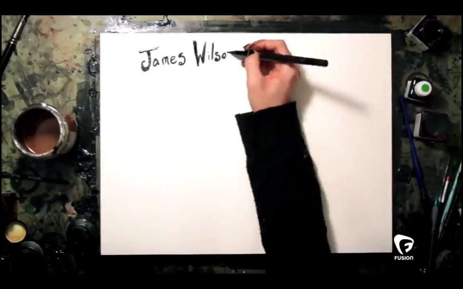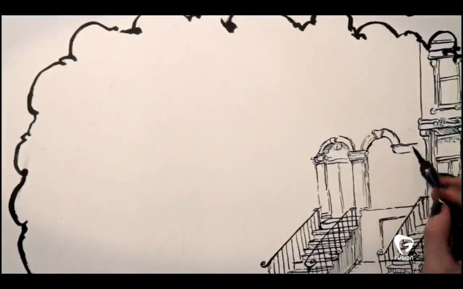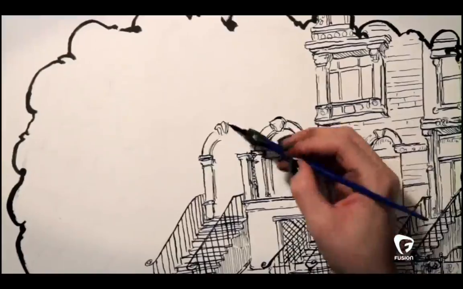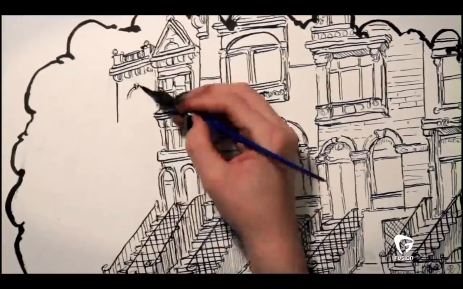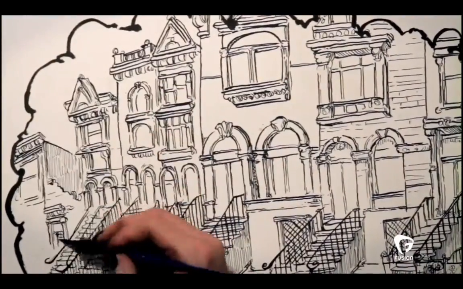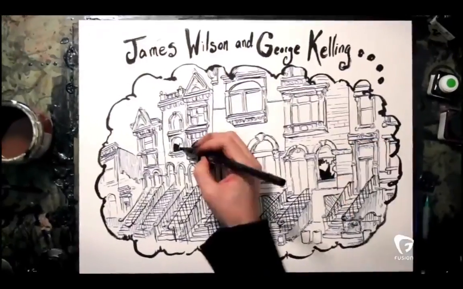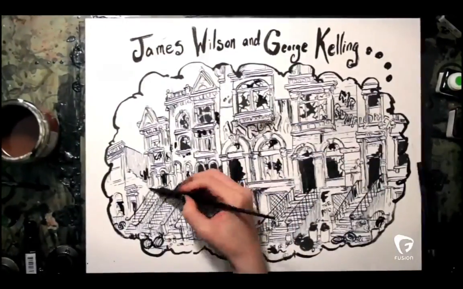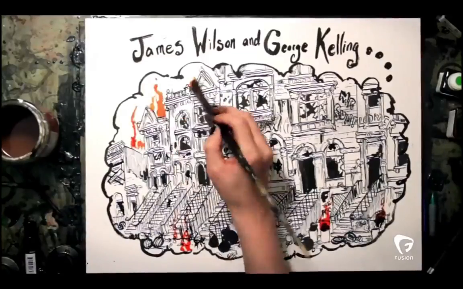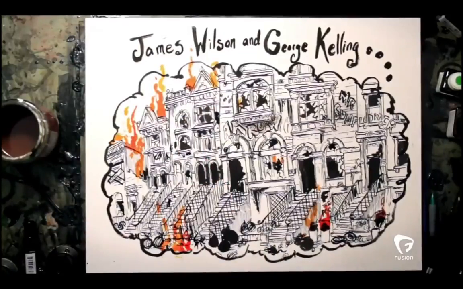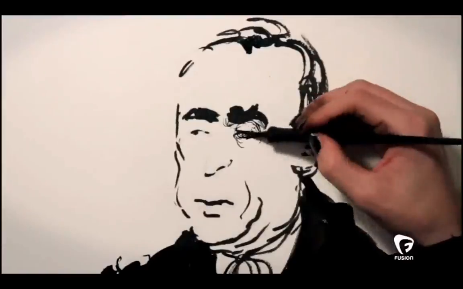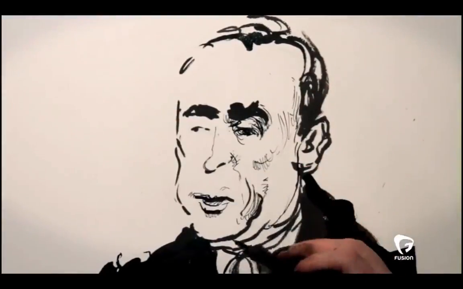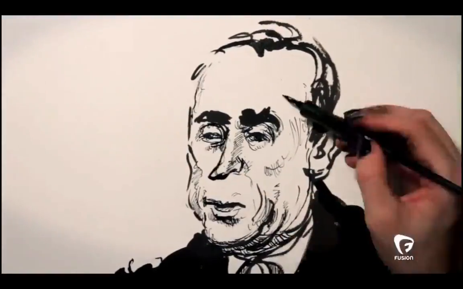Social scientists James Wilson and George Kelling introduced the broken windows theory in 1982 in an article in the Atlantic Monthly. According to Kelling and Wilson, if a neighborhood had a broken window, residents would break other windows. Soon, crime would soar. All because no one pushed back against the first signs of so-called disorder. Eight years after Wilson and Kelling published Broken Windows, William Bratton became police commissioner of New York City.